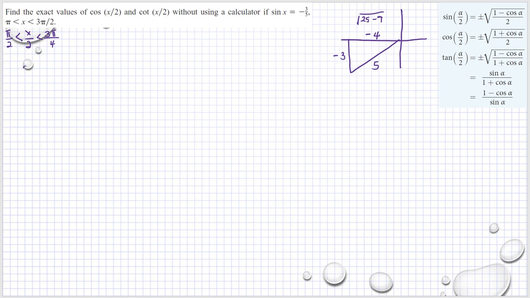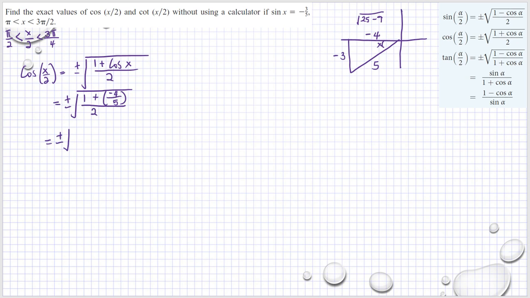So we can start with cosine x over 2 equal to plus minus square root of 1 plus cosine x divided by 2. If this is our x, cosine is adjacent, that is negative 4 divided by 5, over 2. And we have plus minus square root of 5 minus 4 over 5 over 2.